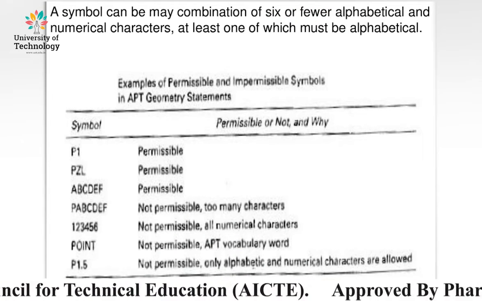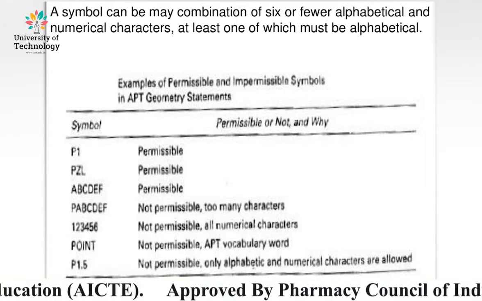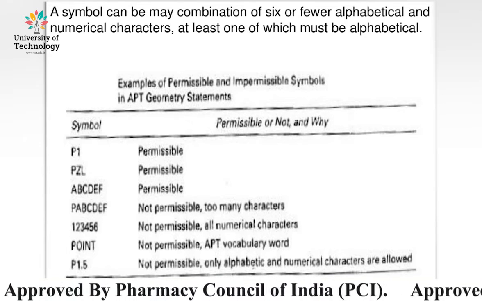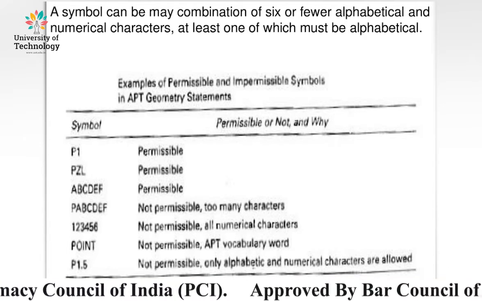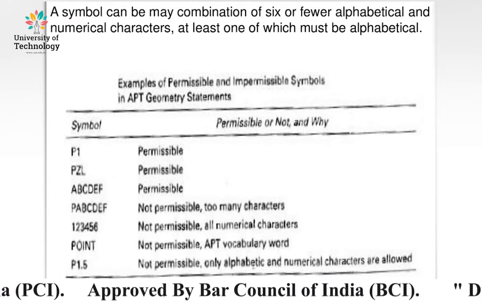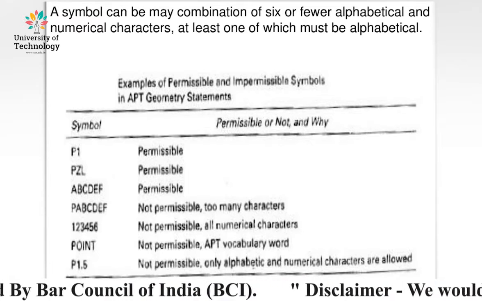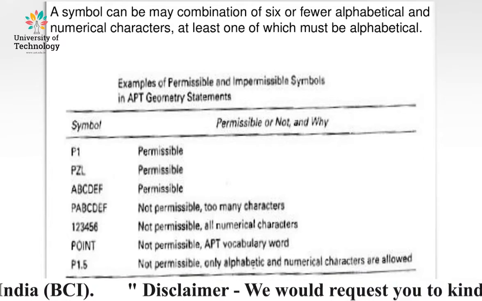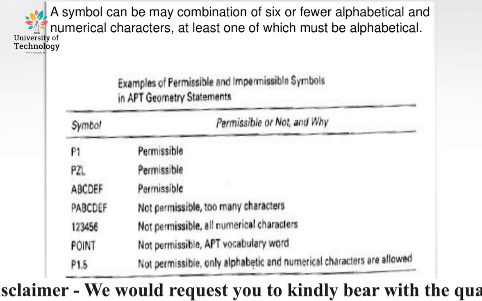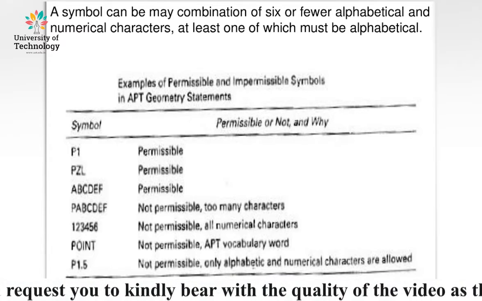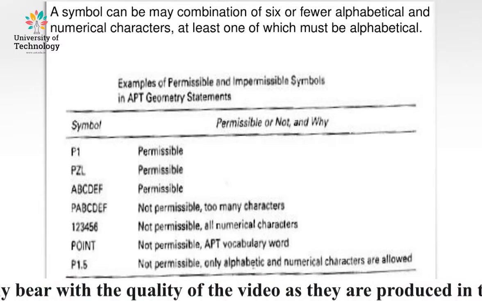A symbol can be a combination of 6 or fewer alphabetical and numerical characters, at least one of which must be alphabetical. In the table you can see in the slide, what is permissible or not, and why, for symbols.